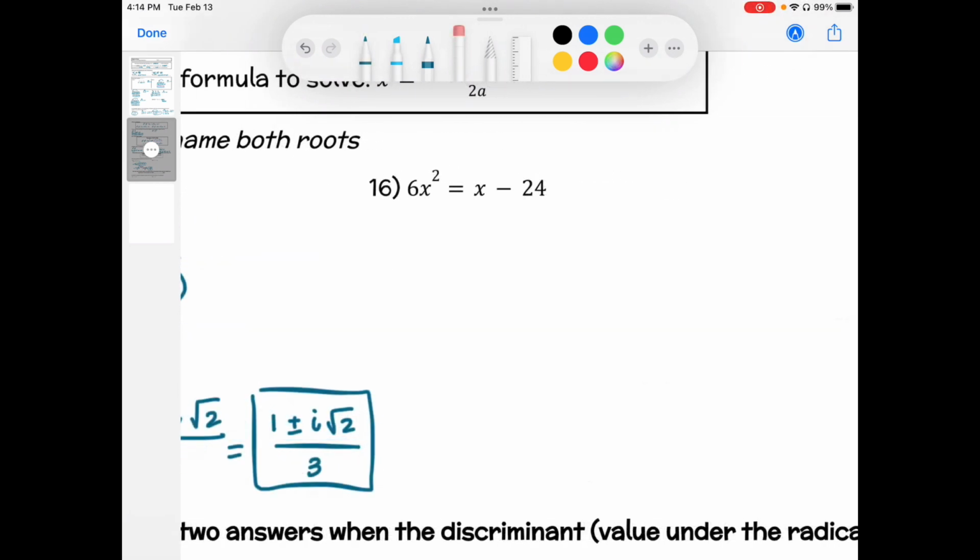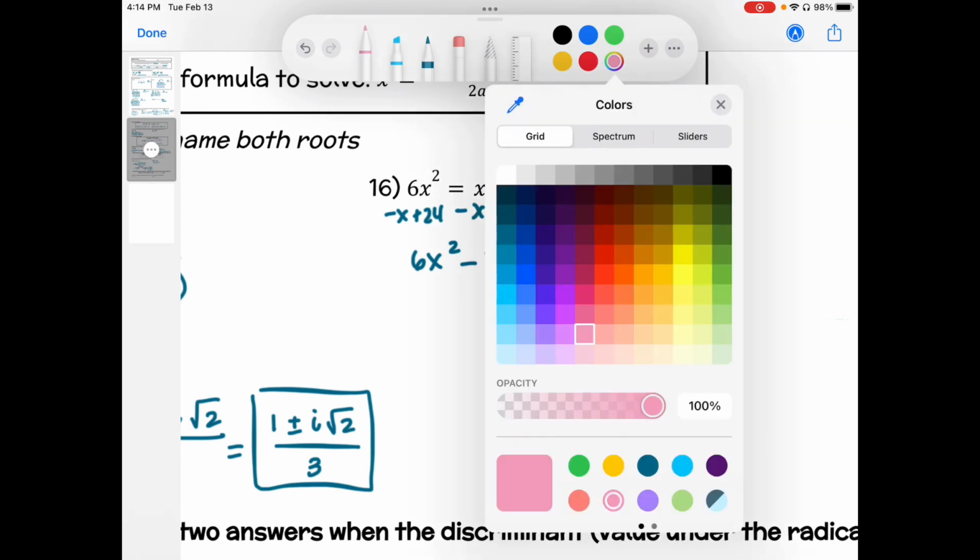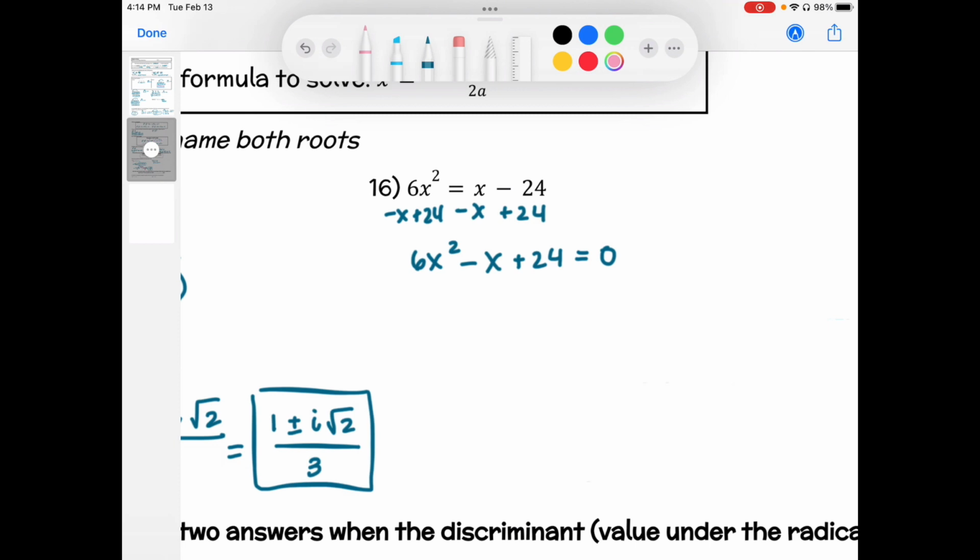So now for the next one, this one's not set equal to 0, so we need to do that first. So I'm going to subtract x from both sides, and then add 24 to both sides. So that would give us 6x squared minus x plus 24 equals 0. Once we get that, we can figure out what a, b, and c are all equal to.